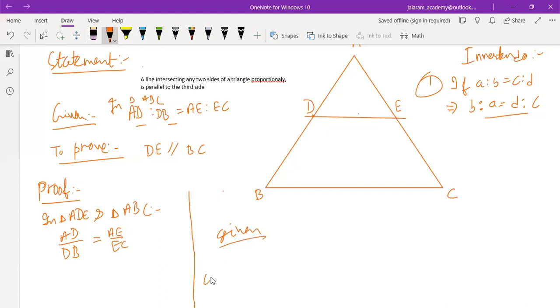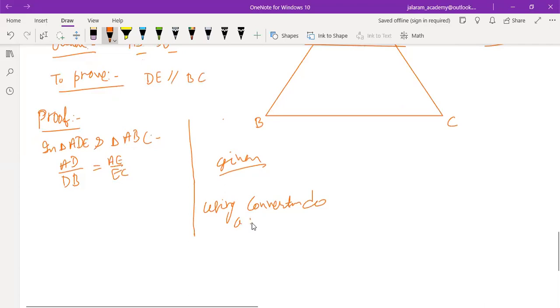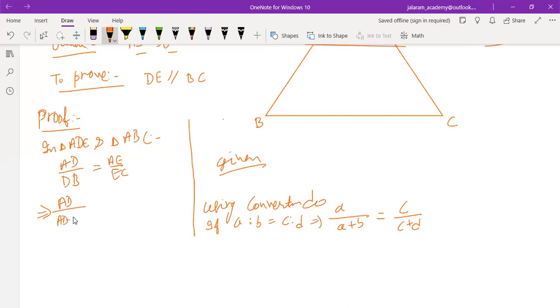So directly we use convertendo, and we write not only the name of the property but the statement also, that is, if A is to B equals C is to D, it implies A upon A plus B equals C upon C plus D. It implies AD upon AD plus DB equals AE upon AE plus EC.